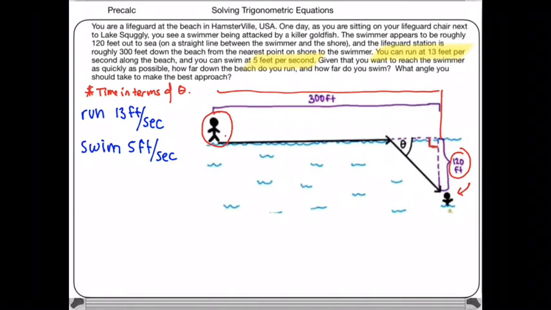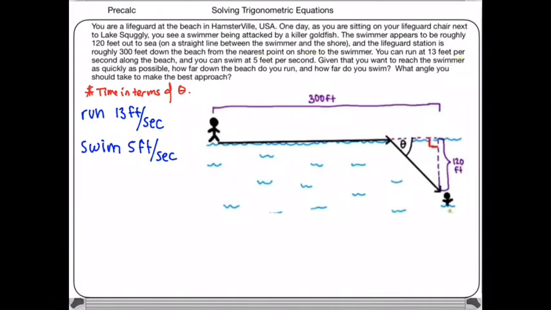So basically it's looking at, what is the sweet spot where you run down the shore and dive in at some particular angle to save that person using the least amount of time? What we want to do is build this function in terms of time, in terms of theta, and minimize that. So let's go ahead and put some pieces together and get to work.